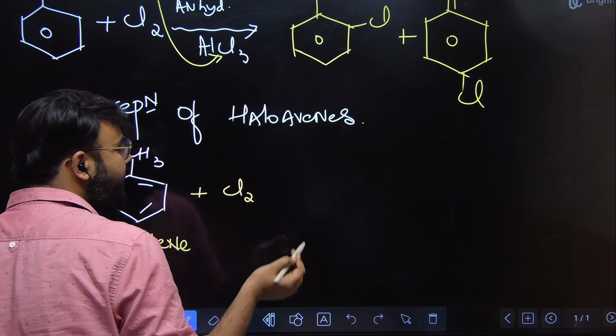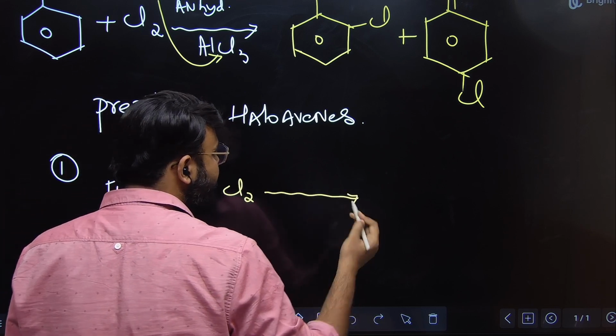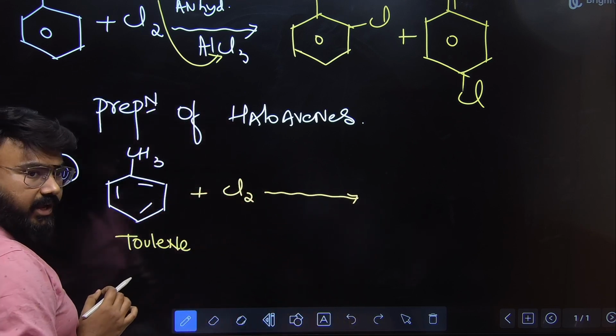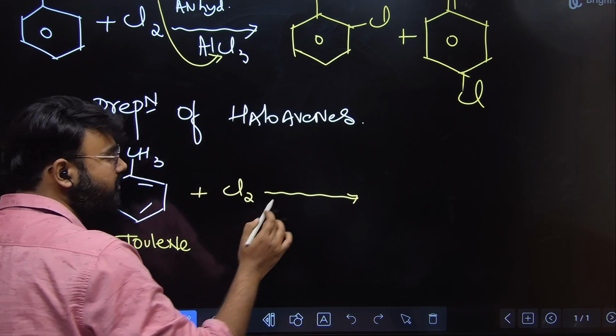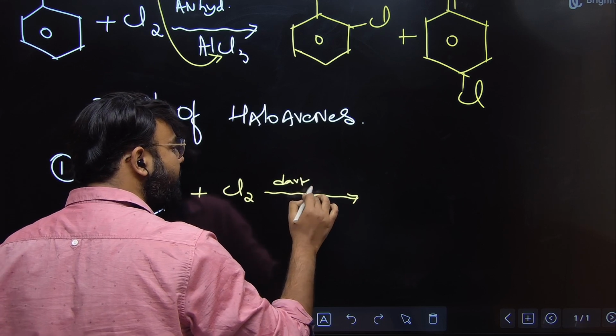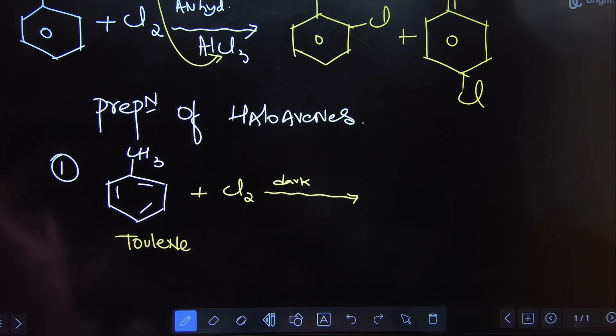All of you write it down. And remember the chlorination we are carrying out in the toluene has to be taken in the dark, meaning no sunlight should be there. Otherwise, some other reaction will happen. So it's important that you mention dark. Okay, all of you write it down.